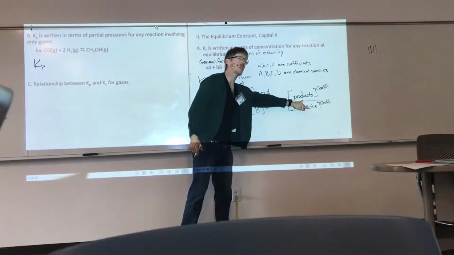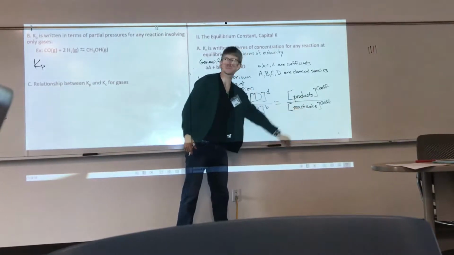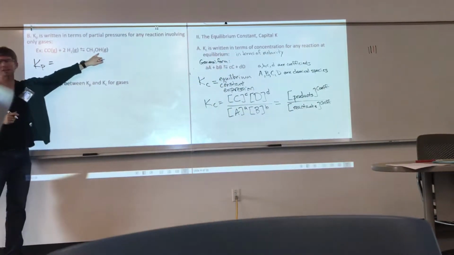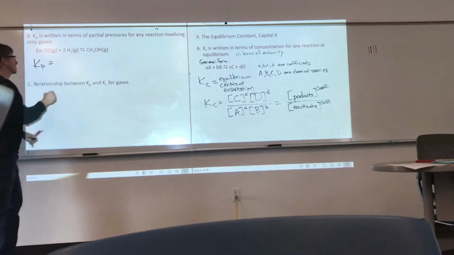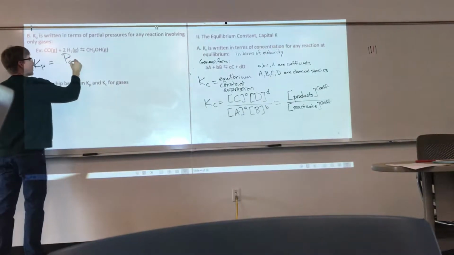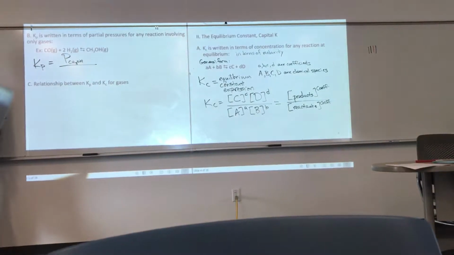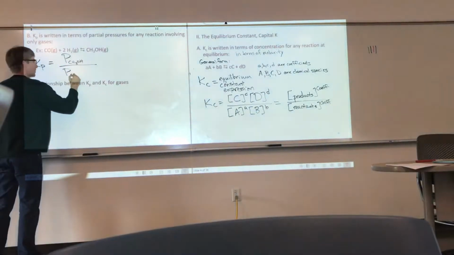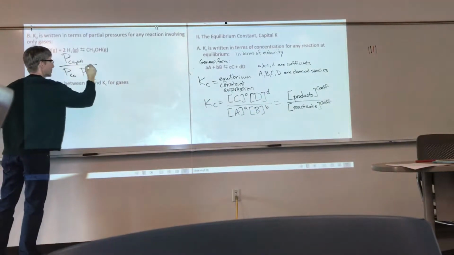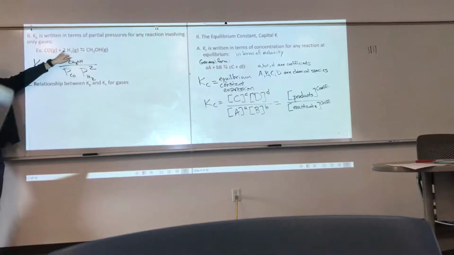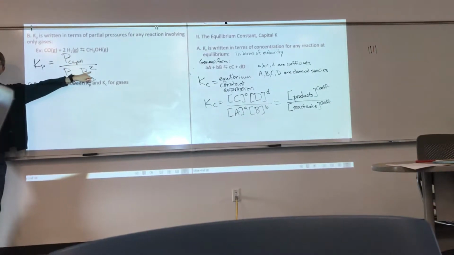It'll still and always be products over reactants. My product here is methanol in the gas phase, so it's going to be partial pressure of methanol over partial pressure of carbon monoxide times the partial pressure of hydrogen squared, because coefficients are always exponents in equilibrium constant expressions.